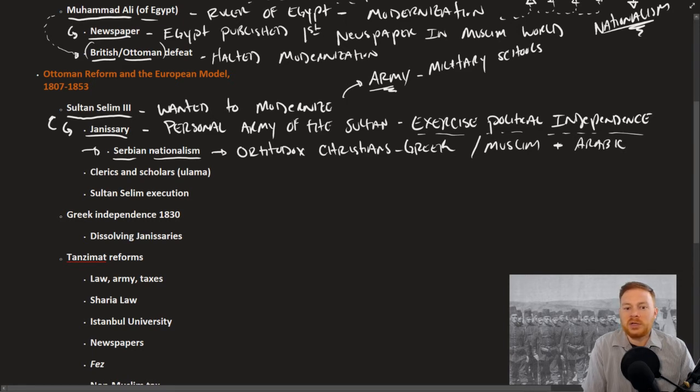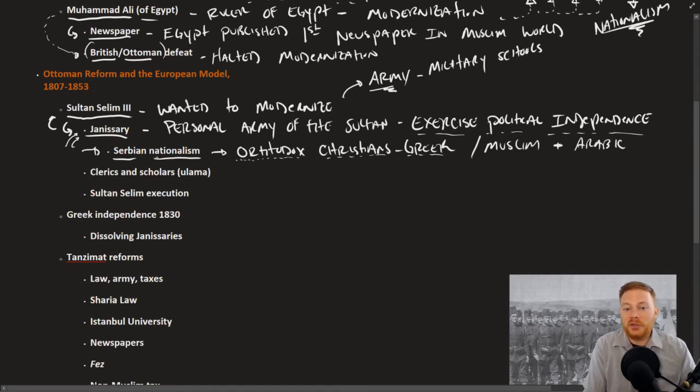So Serbian nationalism was trying to unite everybody who is Orthodox, everybody who is Christian, everybody who uses the Greek alphabet as a way of writing, to unify that population against the primarily Islamic and Arabic Ottoman Empire. And again, some of that violence occurred as a result of the Janissaries acting independently in that area.